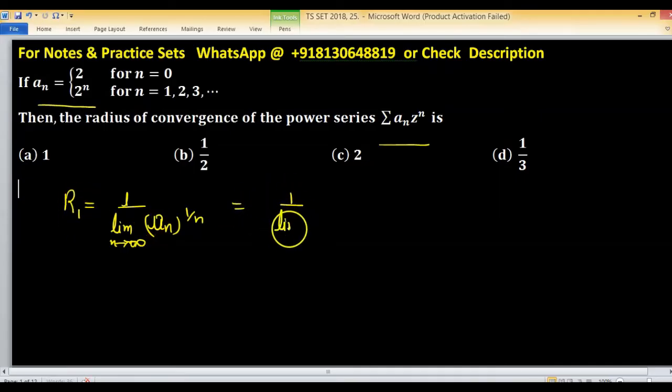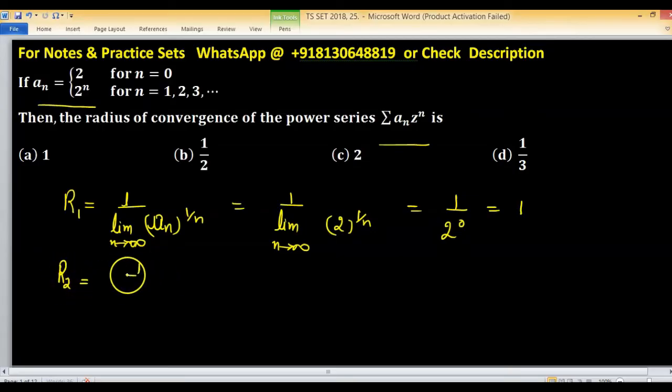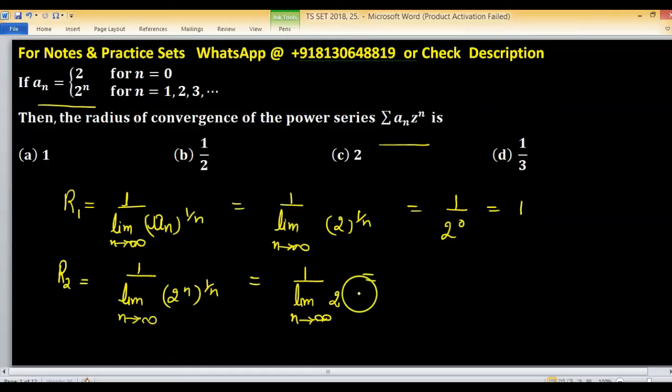For the first, 1 upon limit n tending to 0 of 2 raised to the power 1 upon n, which is 1 upon 2 raised to the power 0, equal to 1. R2 equals 1 upon limit of an, which is 2 raised to the power n and 1 upon n. This goes to 1 upon limit of 2, which is constant, so 1 upon 2.